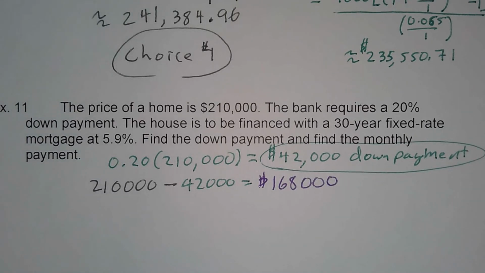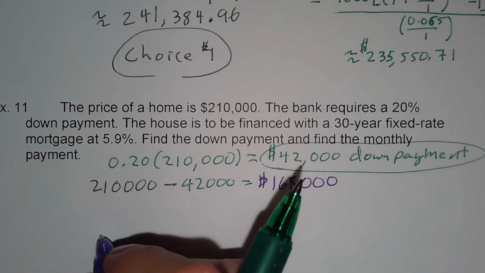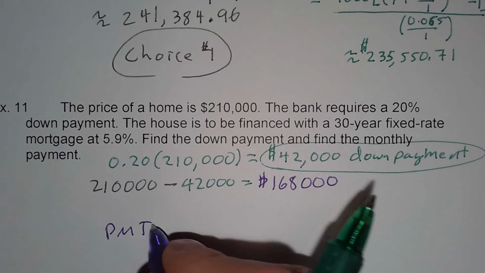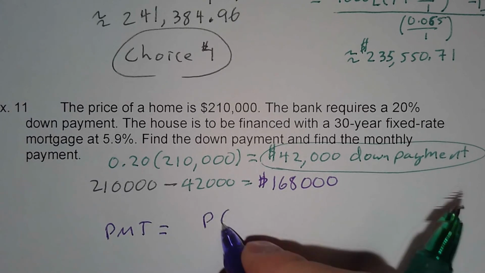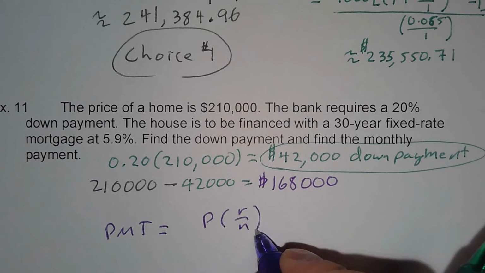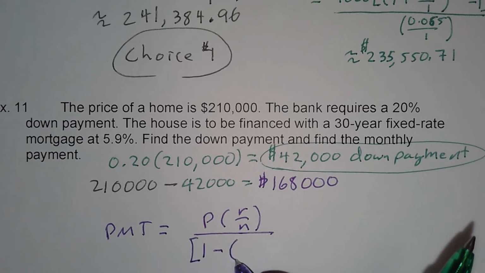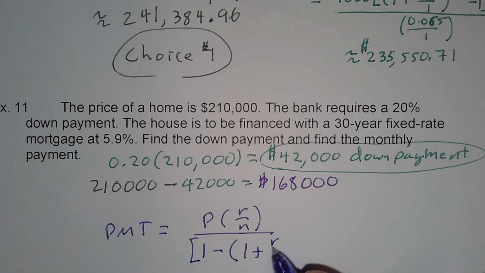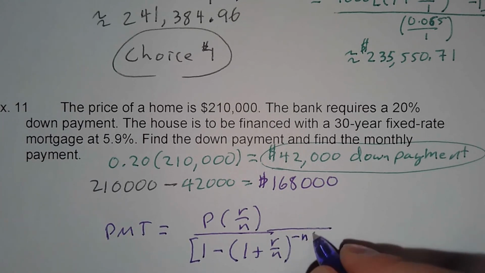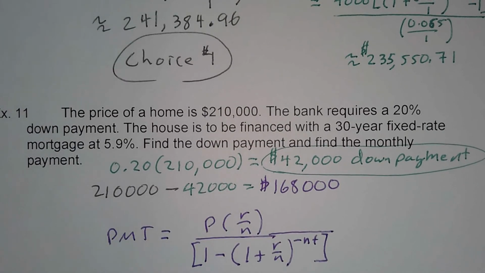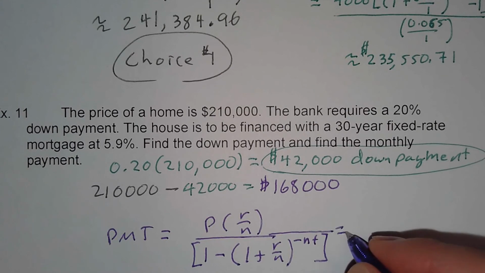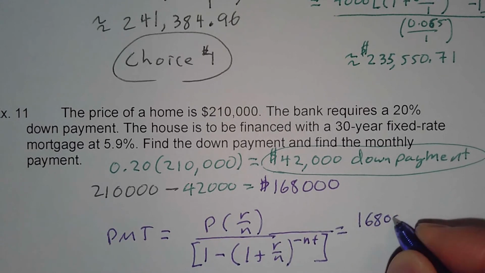And this is a fixed installment loan. So we're going to use PMT equals P times R over N, all divided by 1 minus the quantity 1 plus R over N, raised to negative NT. So we'll plug the numbers in. 168,000.